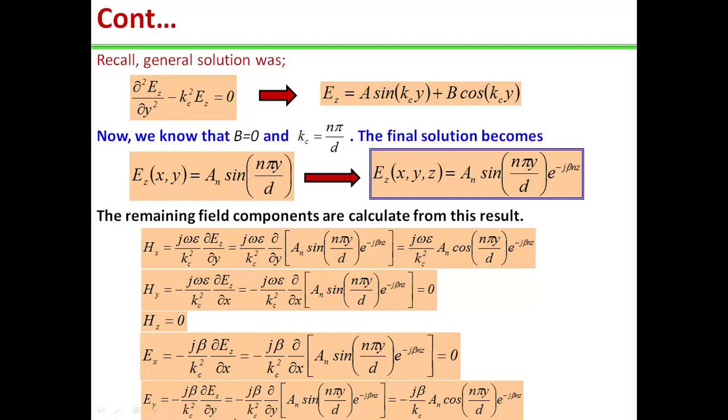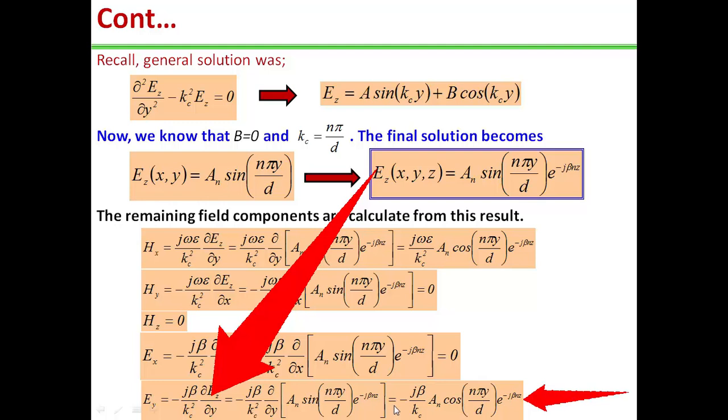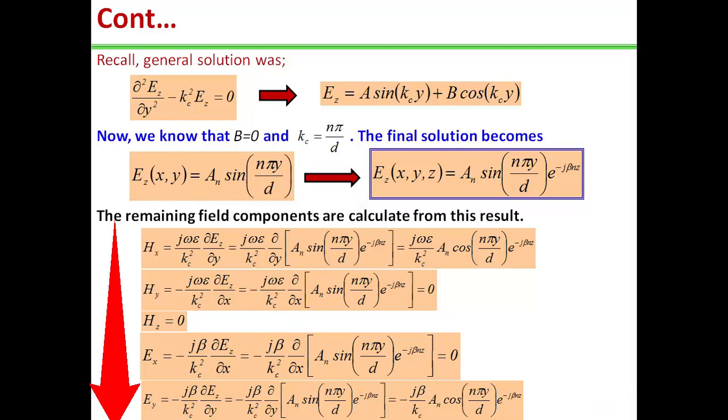And we can also find the electric field component along the y direction, that is Ey, which is equal to minus j beta by Kc square del Ez by del y. After putting the value of Ez and differentiating with respect to y, we will have Ey is equal to minus j beta by Kc An cos(n pi y by d) e to the power minus j beta n z. So we have calculated here all the electric and magnetic field components for the TM mode.